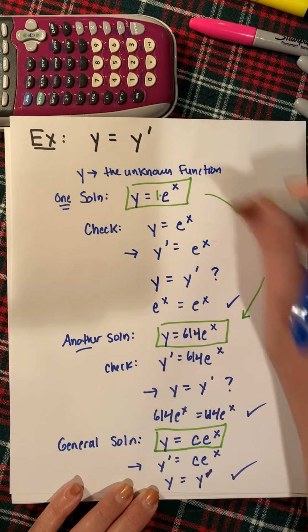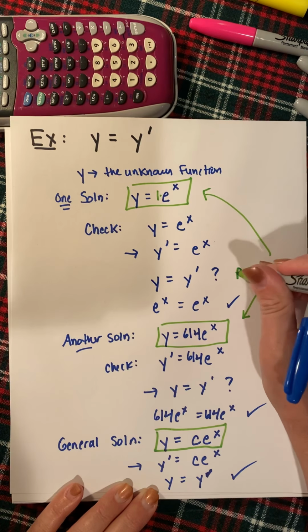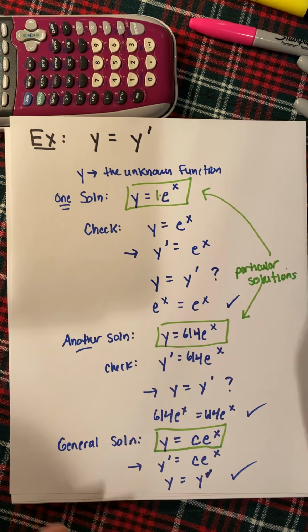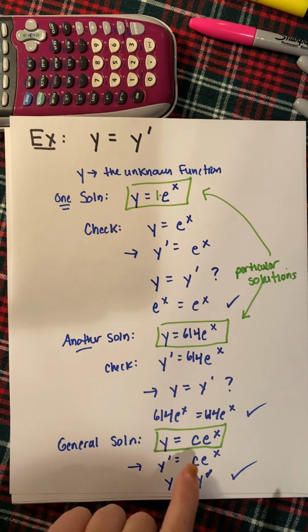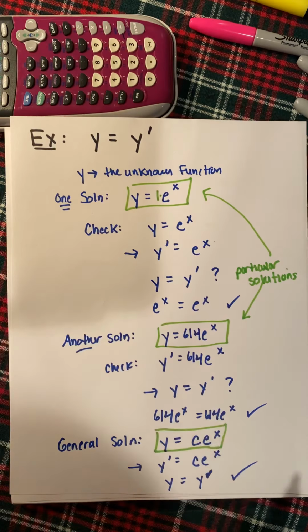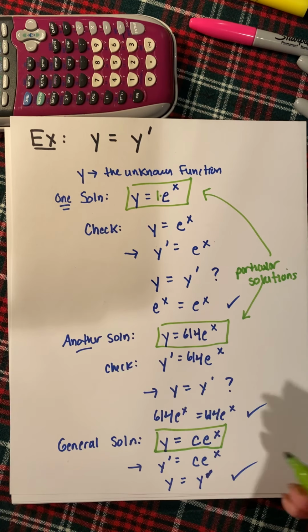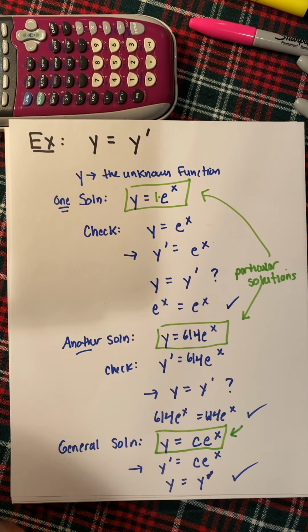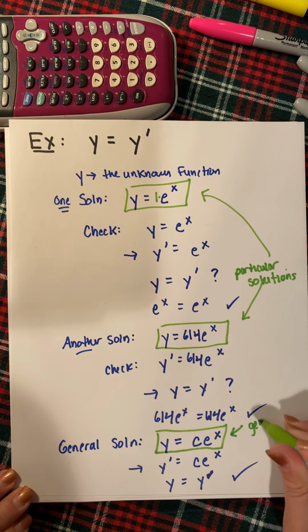Well, we have here what we call particular solutions. Particular solutions is when there is an actual value of this constant assigned. So here the constant would be 1, here the constant would be 614. This one is called a general solution, saying that this is true in general for any constant c.